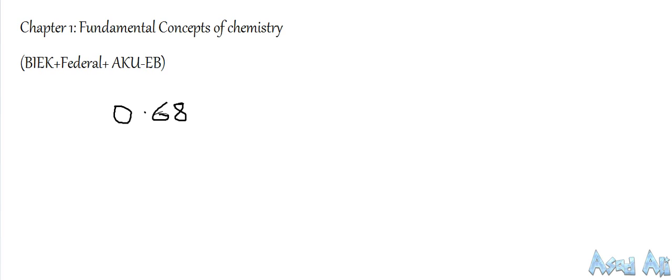How many significant figures does it have? You can see there are two significant figures, because these are the non-zero digits, and the zeros on the left are insignificant.